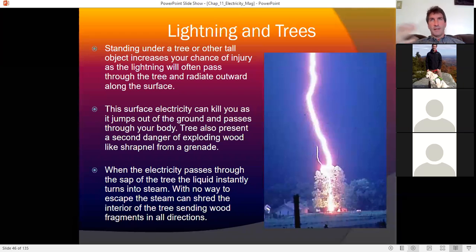I shouldn't say detonate, that implies a combustion. The steam goes from liquid water to steam, occupying a volume 1,000 times bigger in an instant, and that creates this explosion of bark. So you can get hurt by a lightning strike even without being near, even without the electricity.